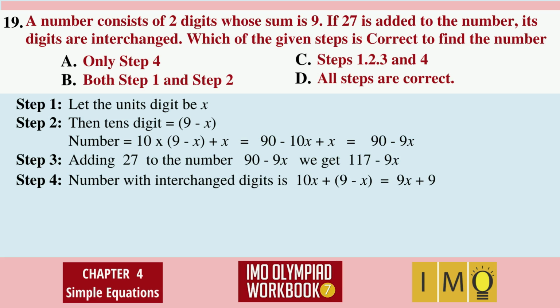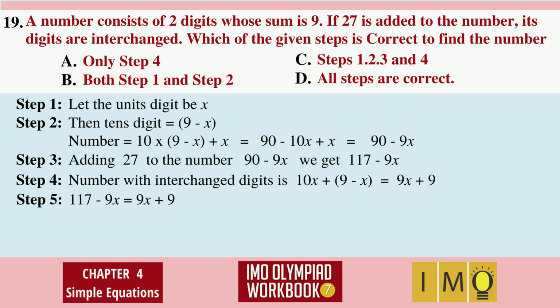So this step is also correct. Now we know that the numbers we found in step 3 and step 4 are equal. So step 5 becomes 117 minus 9x is equal to 9x plus 9, which is again correct.